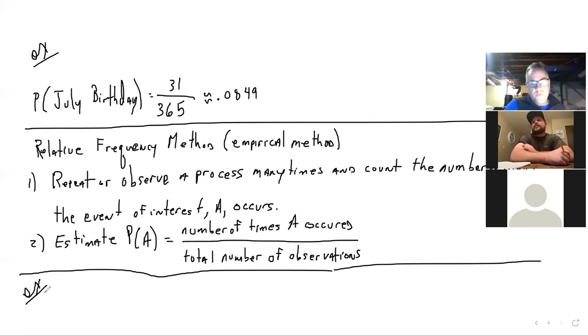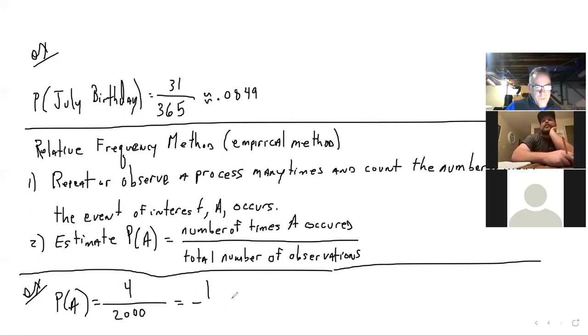The probability of that event occurring is 4 out of 2,000, which would be 1 out of 500. And since you're averaging 1 time out of 500, that's where you get the term 500-year flood.